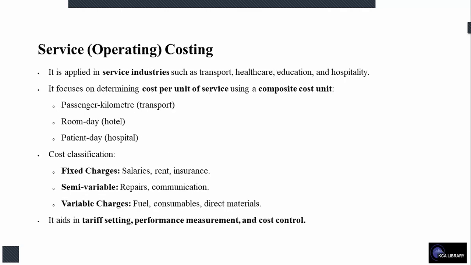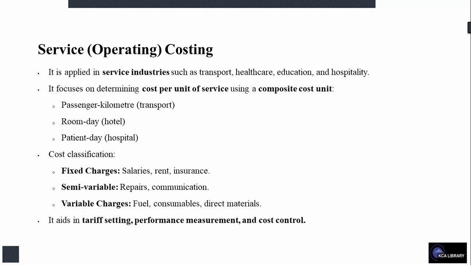Service costing is applied to service industries such as transport, healthcare, education, and hospitality. It focuses on determining cost per unit of service using composite cost units, like passenger per kilometer, room per day in a hotel, and patient per day in a hospital. For cost classification, we have fixed charges such as salary, rent, insurance, and more.